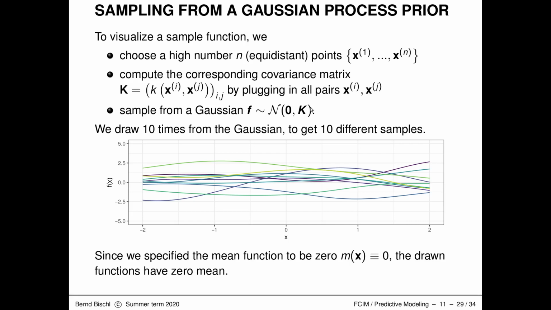And as I've said before, my usual default is to use a zero mean Gaussian process. So this m here is the zero function, which also means that if I compute the mean of all of these sampled functions, this will be located at 0.